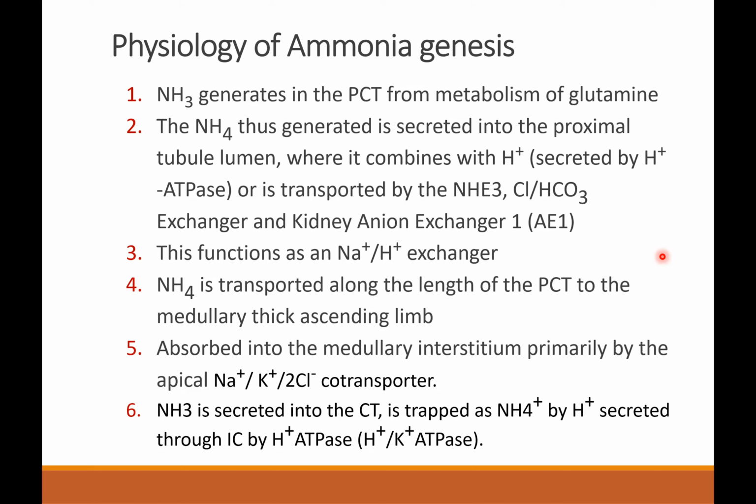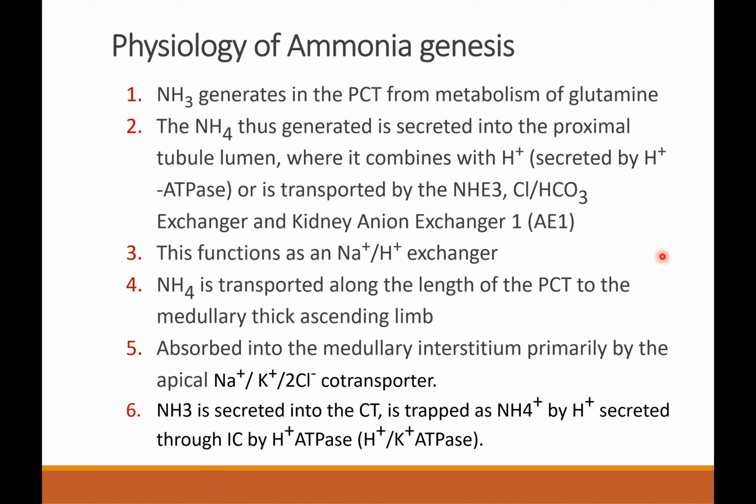Whenever there is less ammonia in the urine, the chloride also cannot be excreted. So the chloride is also retained. We see hyperchloremia also in the presence of poor ammonia excretion. Otherwise, chloride can be excreted as sodium chloride also, no problem. But if we require sodium for the body, sodium is reabsorbed under a different mechanism.